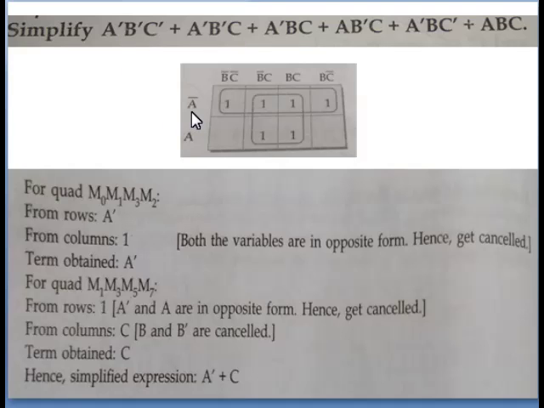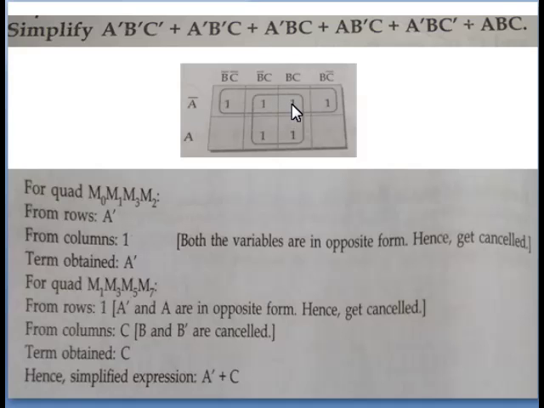So for A'B'C', put a 1 here. See the next term, A'B'C. Where is A'B'C? Put 1 here. The third term, A'BC, put 1 here.